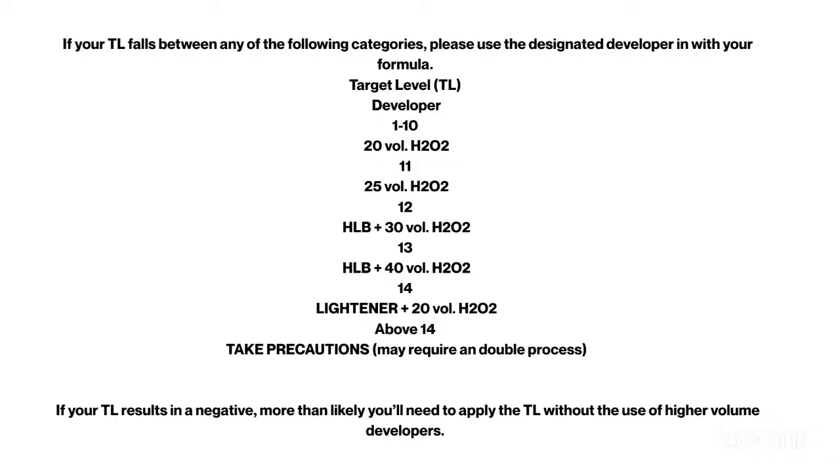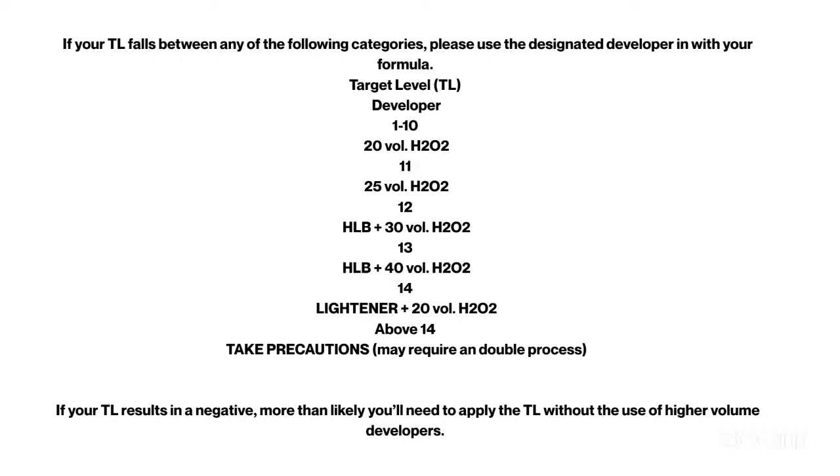Okay. And you may have to do something called double process, which means you may have to use a lightener and lift the hair up to one level and rinse, and then you go back, pick up at that level and take it all the way. Okay. A double process in lightener or double process in toning would be necessary.